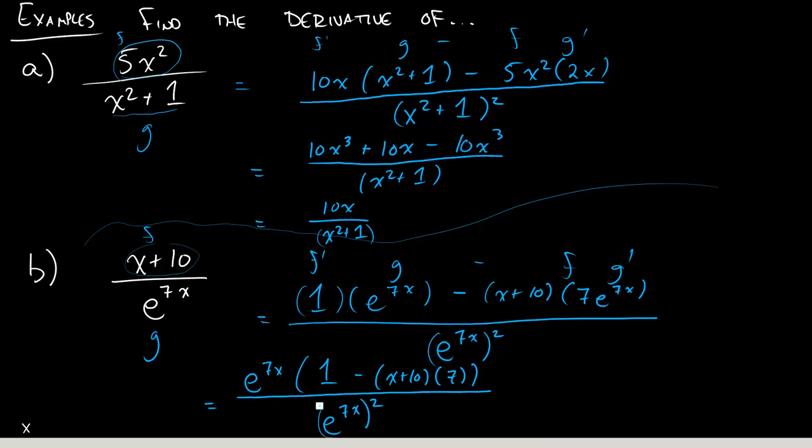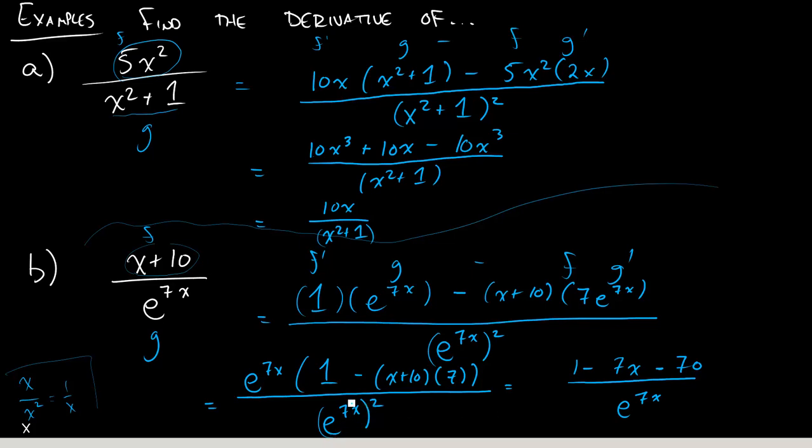And if I want to simplify this a little bit more, notice that I have an e to the 7x on top, I have an e to the 7x squared down here. So this is just like taking x divided by x squared. I would be left with just a single e to the 7x on the bottom, and the same thing here, right? So here I'll be left with 1 minus, I'm going to distribute that 7 out, so 7x minus, you have to distribute the minus to each of these, 70, all divided by e to the 7x, right?